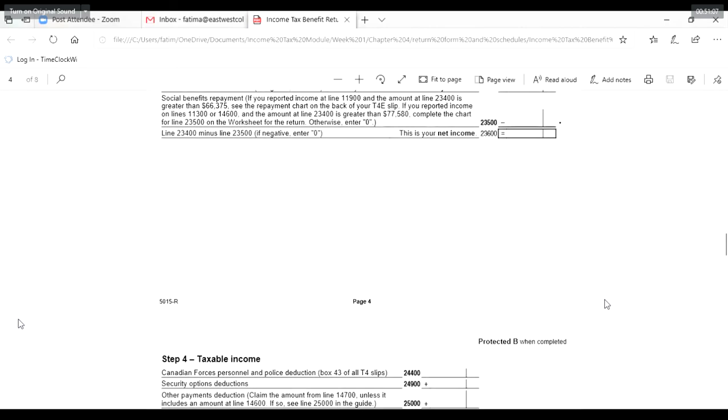Fatima, yes, question. When you do your income tax online, do you have to send them all your receipts online? No, you don't have to send all the receipts. You just have to keep them with yourself for 6 years. When you file income tax, you either file manually or with software.